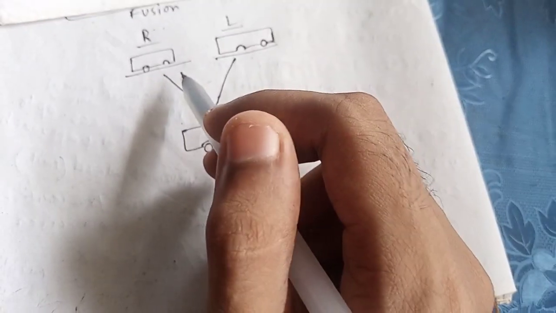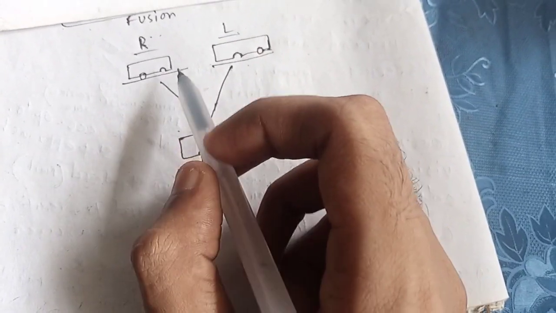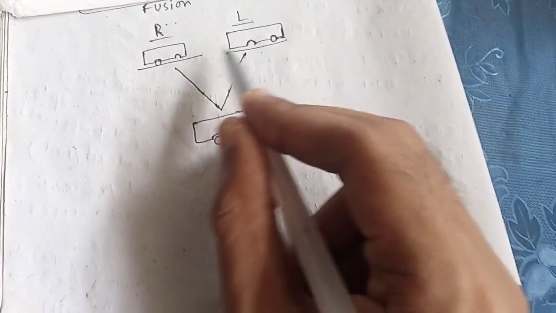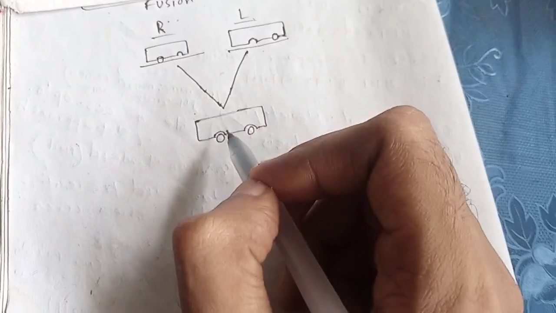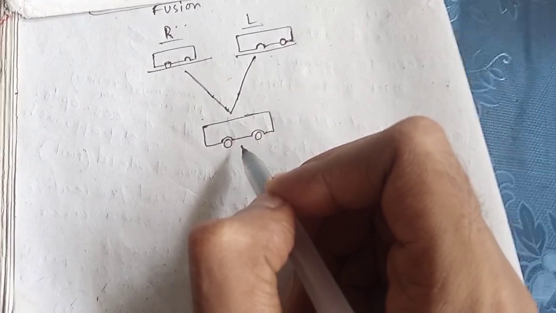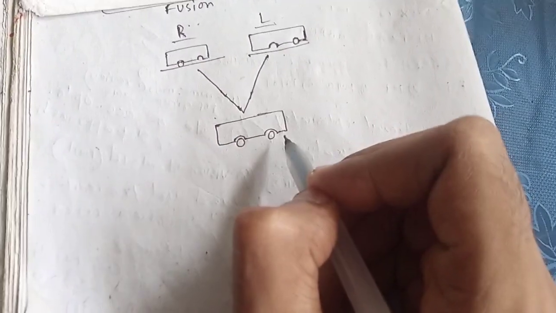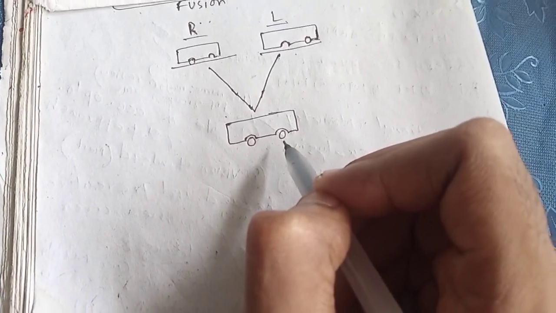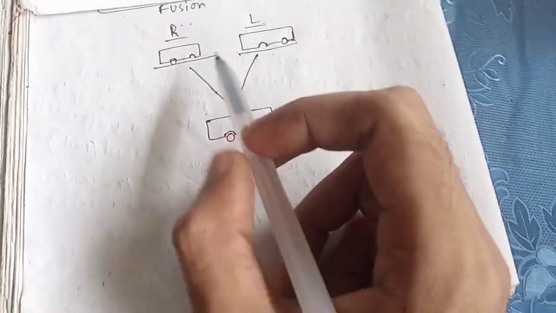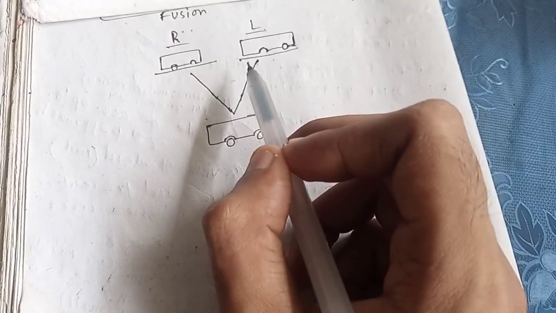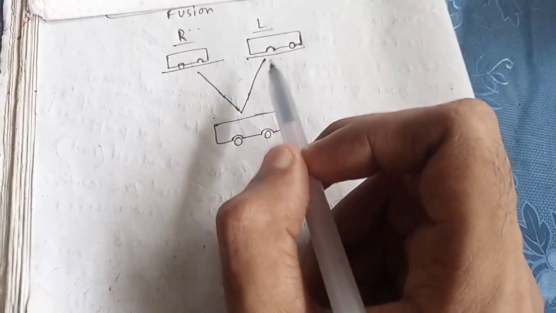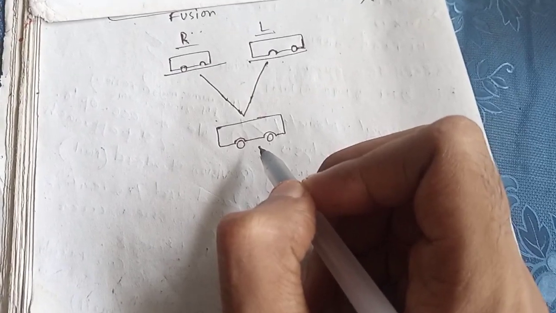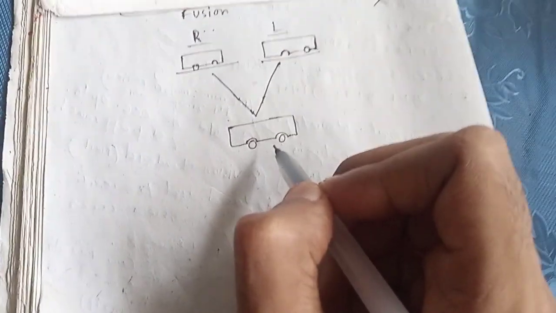But when the next step of binocular vision occurs, fusion occurs, and the person can superimpose these two images and finally see a complete image of the bus where both wheels are present. By superimposing two incomplete images to see a complete image, this is the process of fusion.